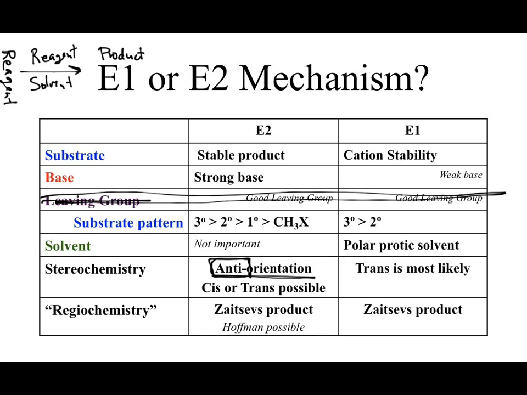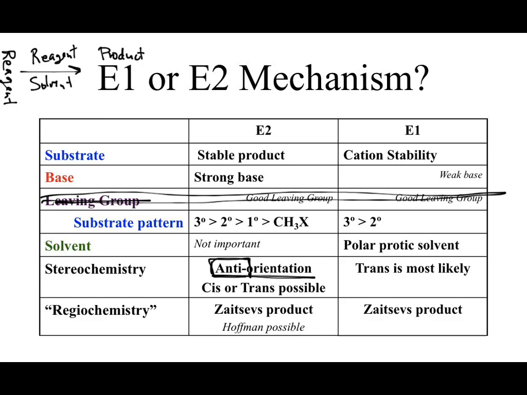You can end up with cis or trans products with the E2, and that's because of this anti-orientation. When you get to the E1, you almost always see the trans. Why would we see the trans over the cis? So then the groups are farther apart, which ultimately goes back to stability.